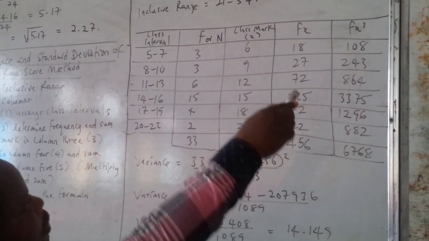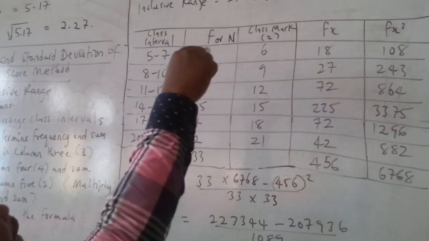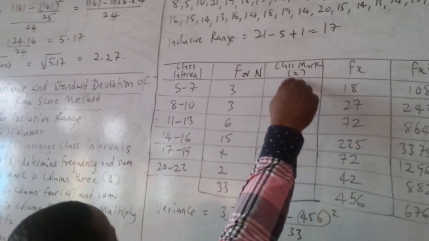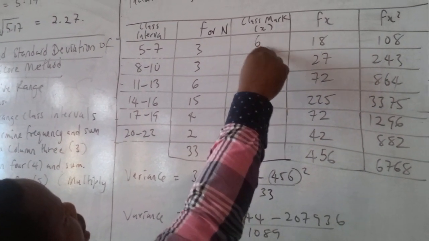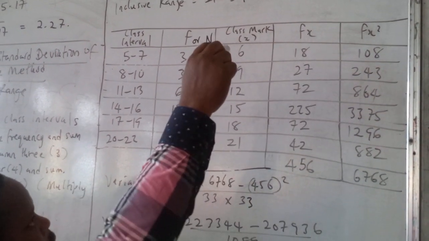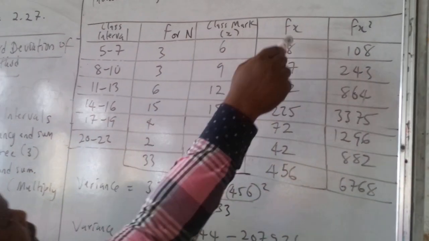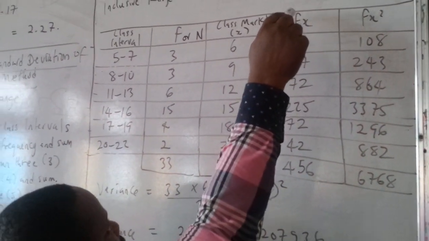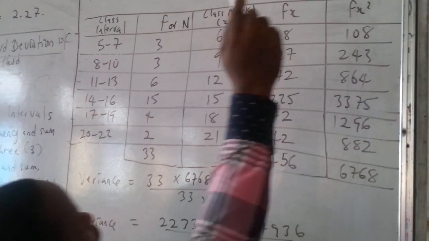Now, the last column there, how do you obtain it? By multiplying this class mark, which is x, by fx, you will have fx squared.